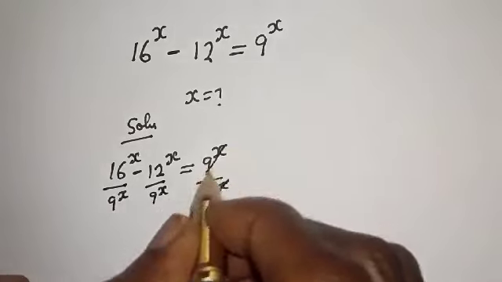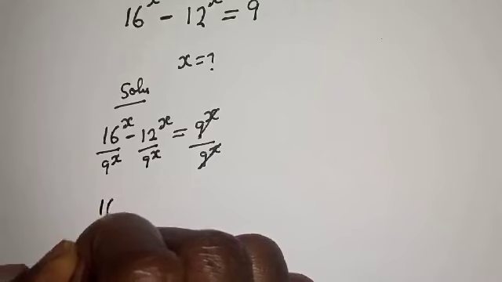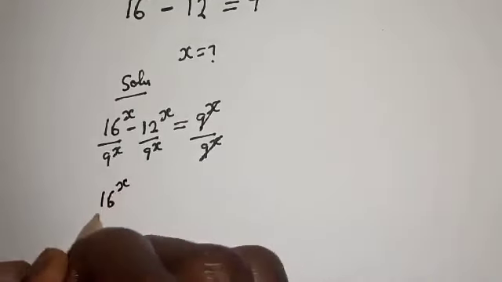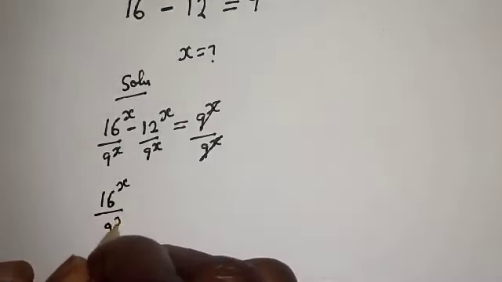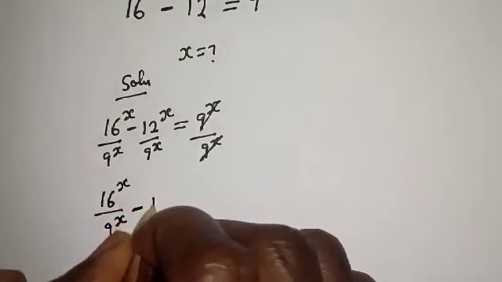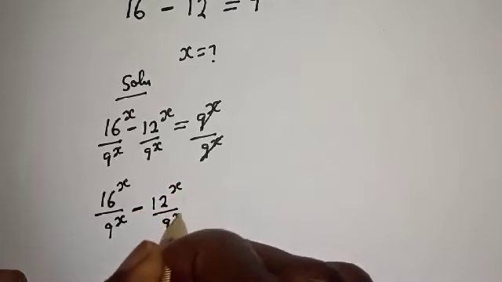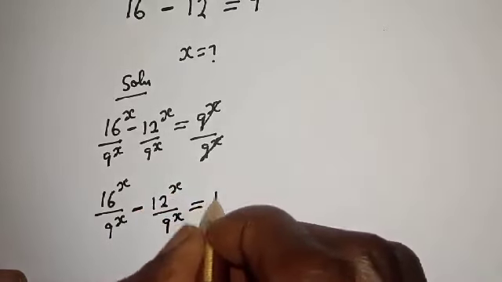This will cancel this. And here is 16 raised to power x divided by 9 raised to power x minus 12 raised to power x divided by 9 raised to power x is equal to 1.